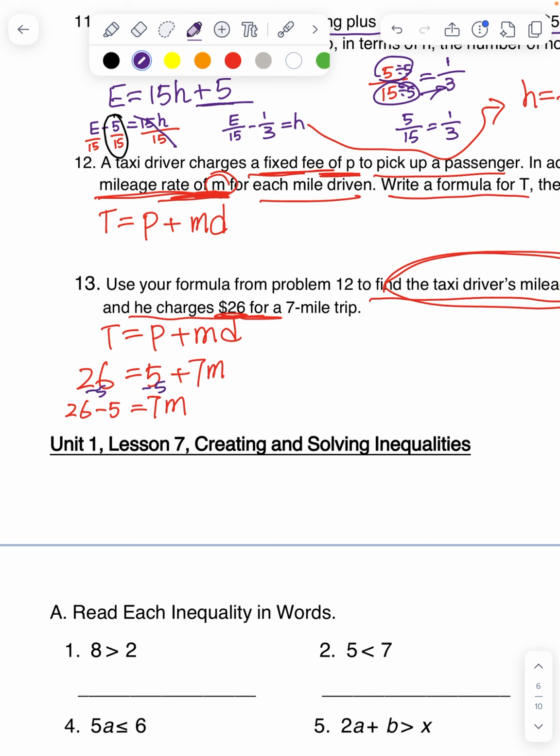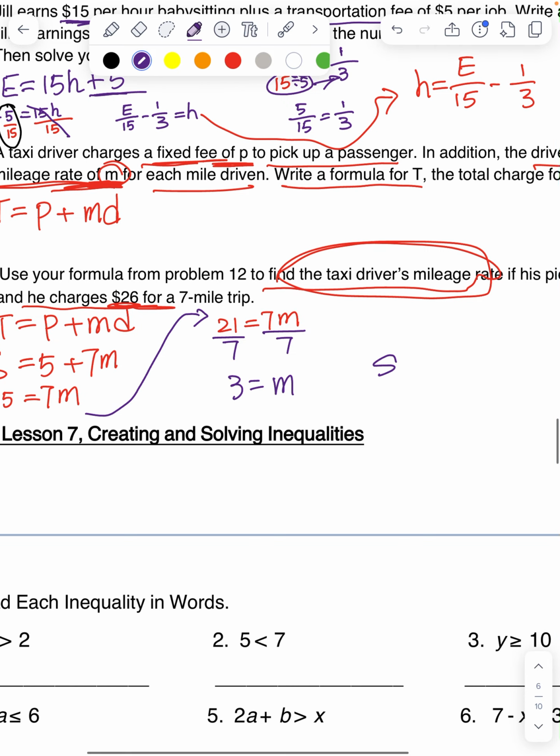You get the same thing, it's a little messier. So 26 minus 5 is 21. 21 equals 7 times M. Divide both sides by 7. M equals 3.